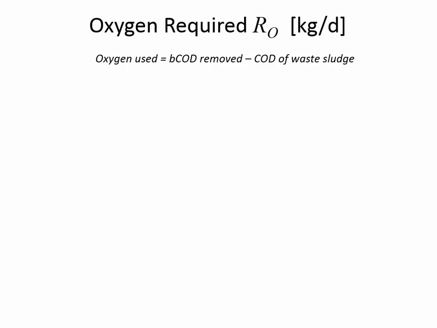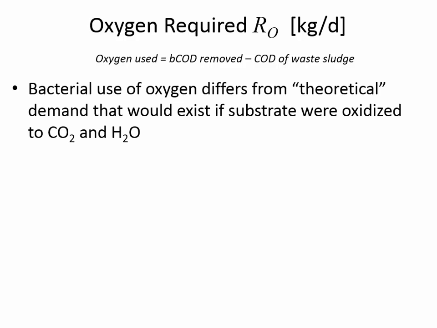So what we're saying is that the overall oxygen used is how much oxygen demand went in, minus the oxygen demand out, minus the oxygen demand that's in the underflow sludge that's being wasted. Okay, so that's the simple idea of it.